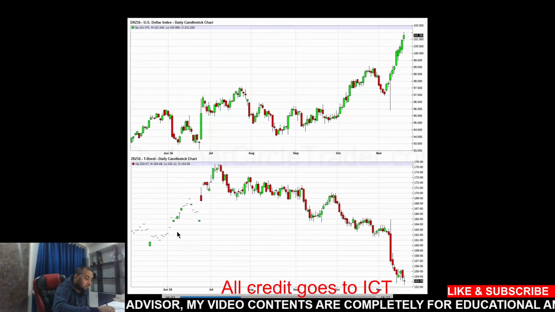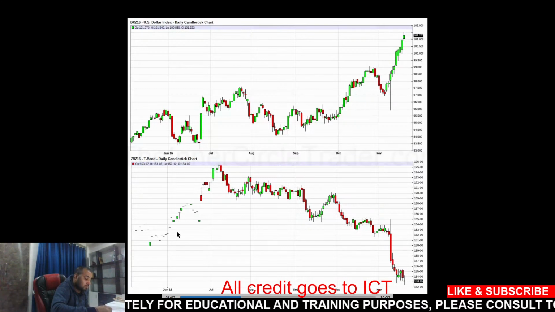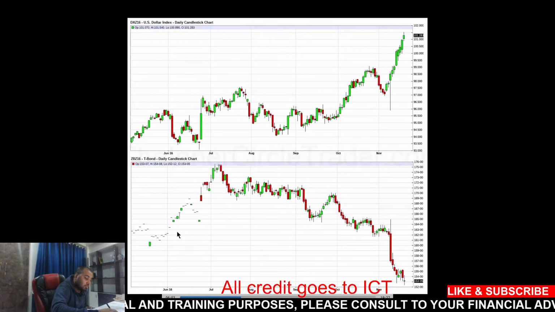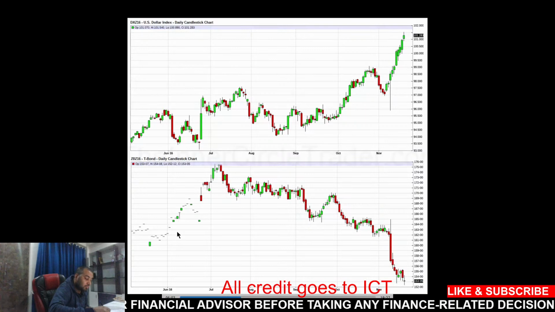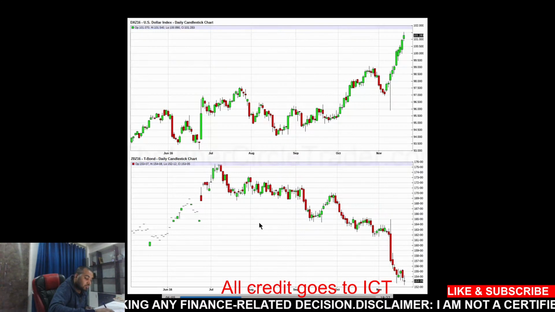As the bond market rallies, that's a lowering of interest rates.